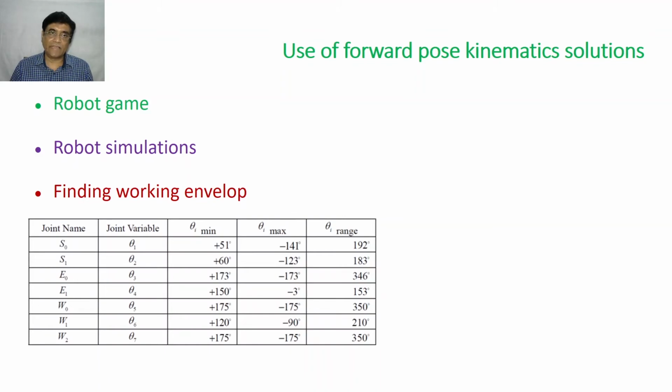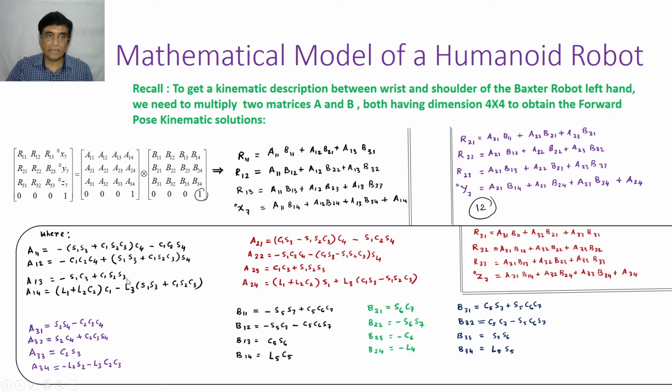You can design a game where the robots will be moving, and the way you want the robot to move, you define joint angles accordingly, and you can use these equations. This is the forward kinematic equation to get all these things done.